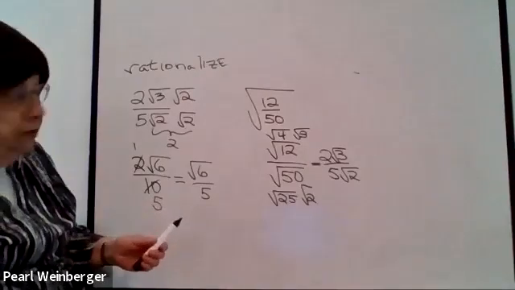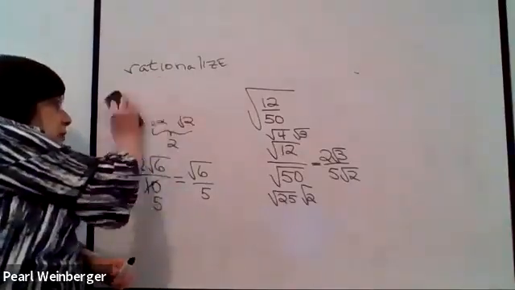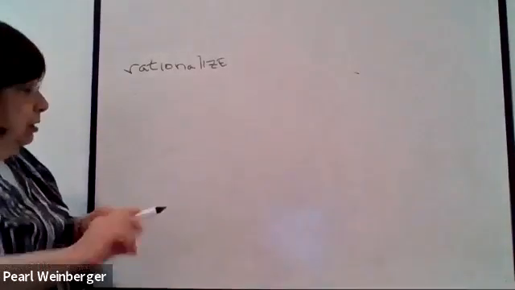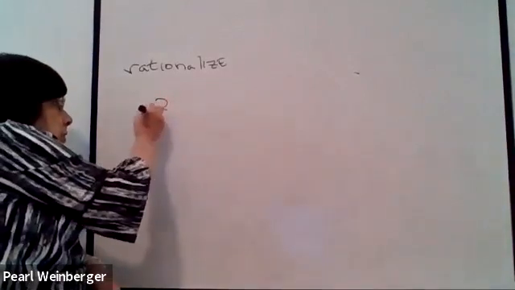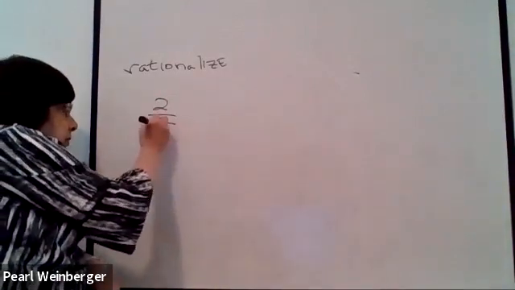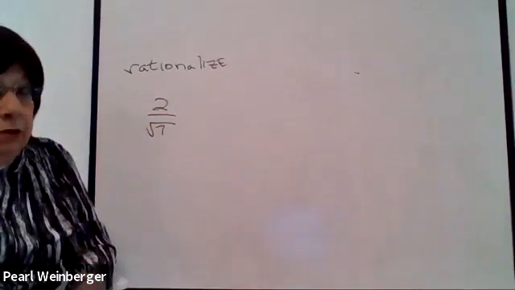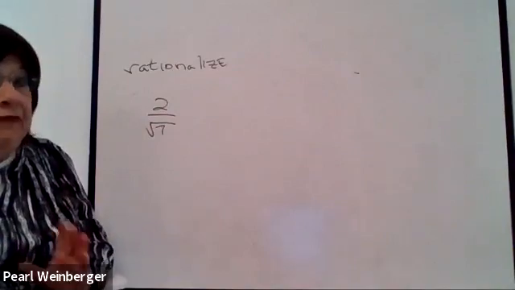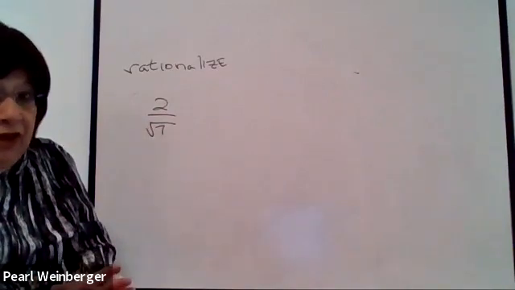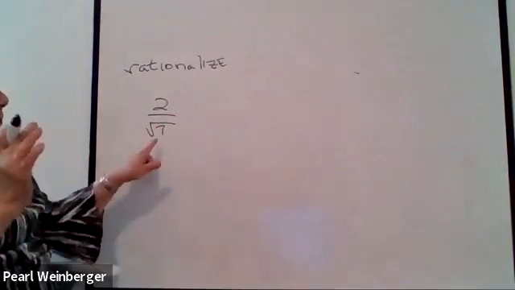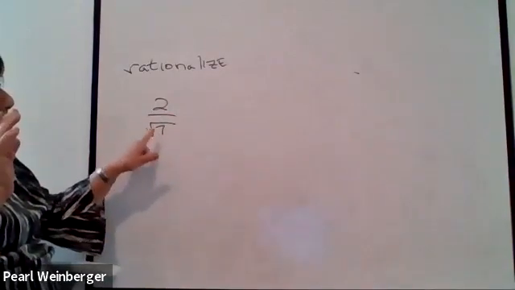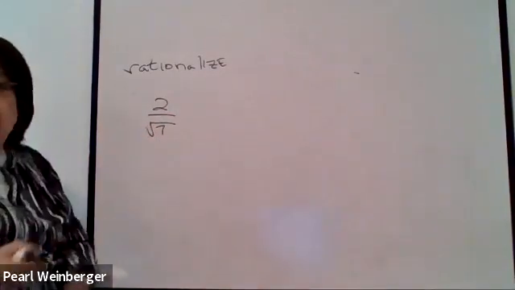Let's do another problem. I could give you something like this: 2 over radical 7. Now, it looks very simple. But if the term simplify is used, you have to do something with it because you have a radical in the denominator.